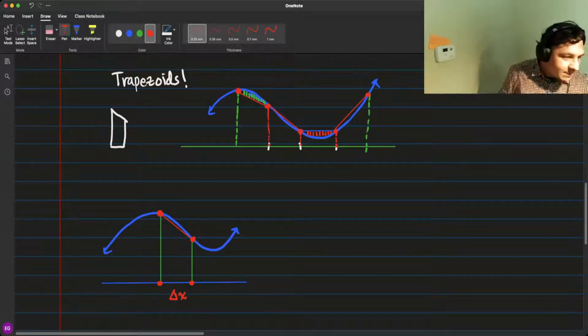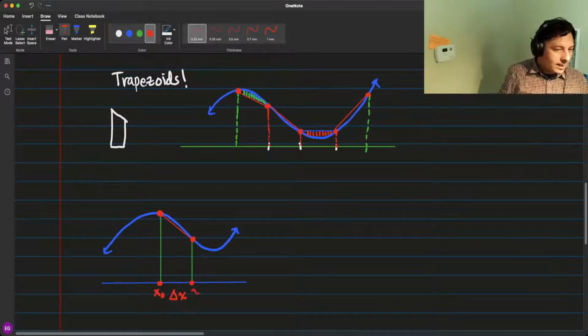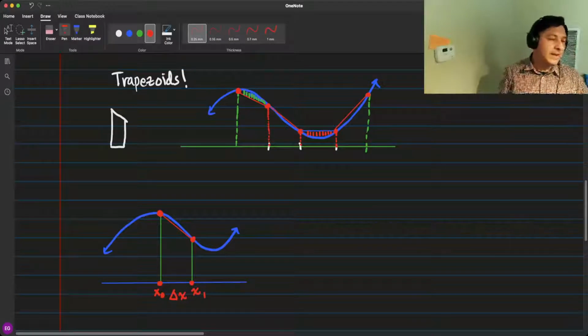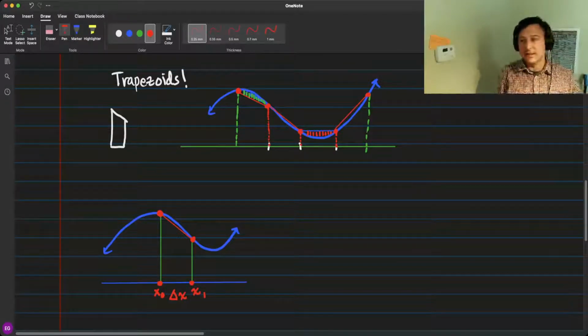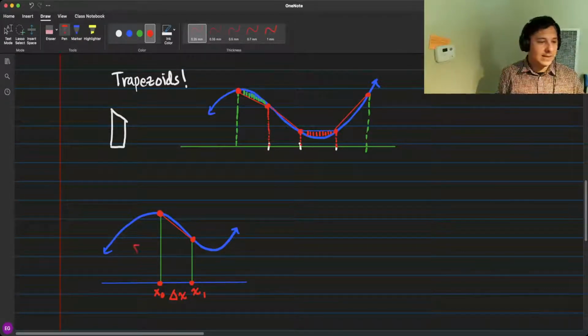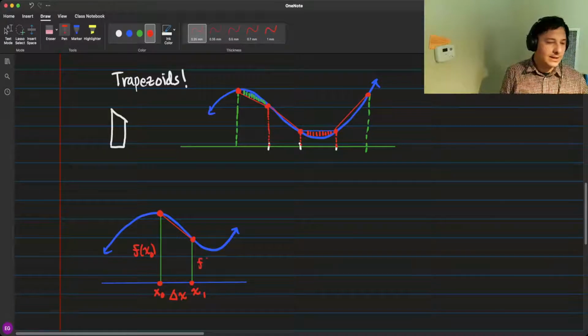And let's say that this point right here is x0, and this point right here is x1. How tall is the left-hand side? In other words, the length of that side is f of x0. And then the length of the right-hand side is f of x1.